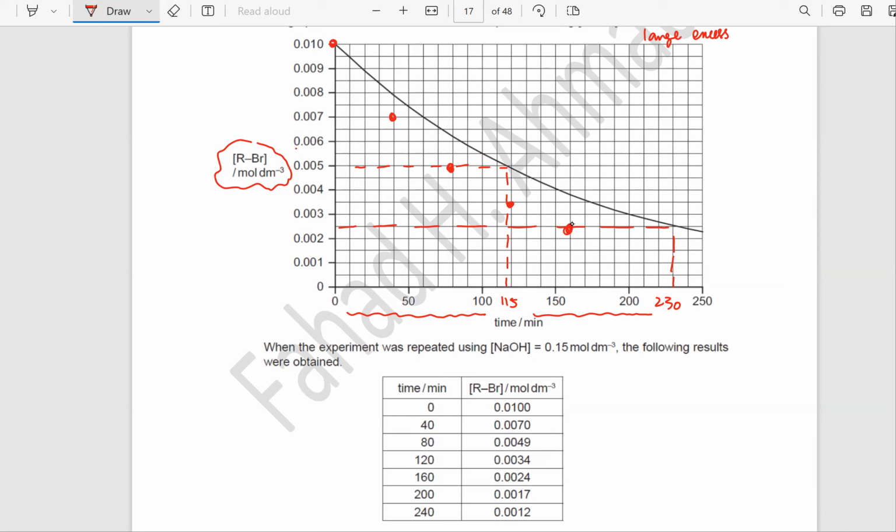Where would I put 17? 17 would be here, I guess.